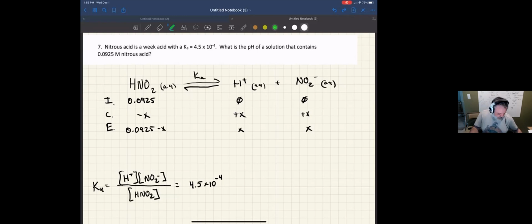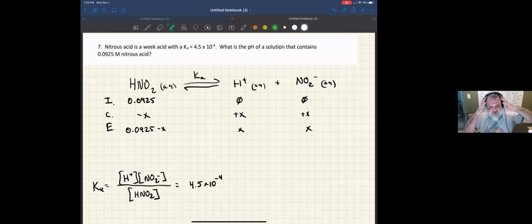And so I'm going to set up the ice table. I've got the ice table set up already, and hopefully at this point you'll see how I did this. If you don't, then go back to the previous question in this problem set or on the YouTube channel, question number 6 for this chapter, and see how we set up an ice table.